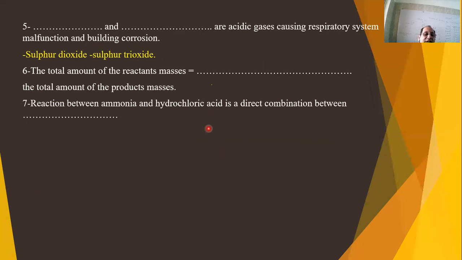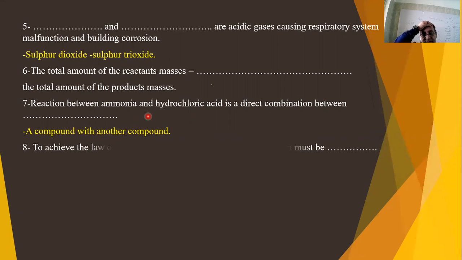Reaction between ammonia and hydrochloric acid. Direct combination between element or compound together. Direct combination between compound, which is ammonia, sorry, between element and compound. I'm sorry, here no, compound and compound, because ammonia NH3 is a compound and HCl is a compound, so it's the combination between ammonia which is NH3 compound with HCl, another compound.